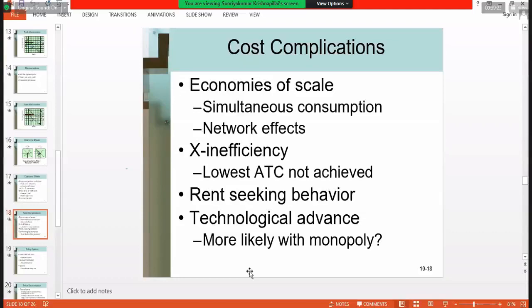There is no decrease in the product, only one product. Many people consume one product, but for other commodities, if one consumer consumes one unit, others cannot get that product. They have to buy another one.